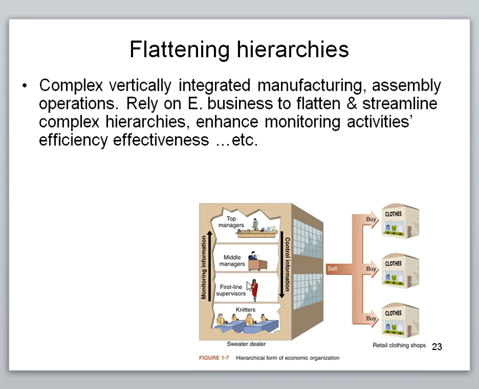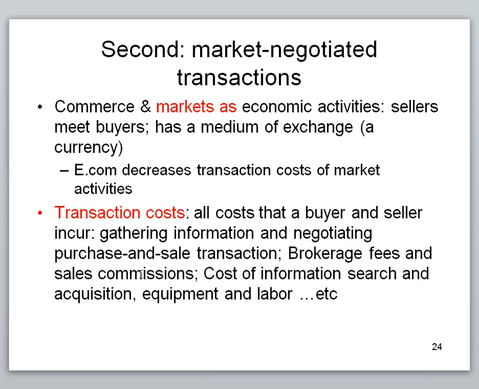And the middle level here transforms information top down and bottom up, as we see here. So whenever you have a system, you have better monitoring, better efficiency of activities, and you need fewer people in the middle level here.